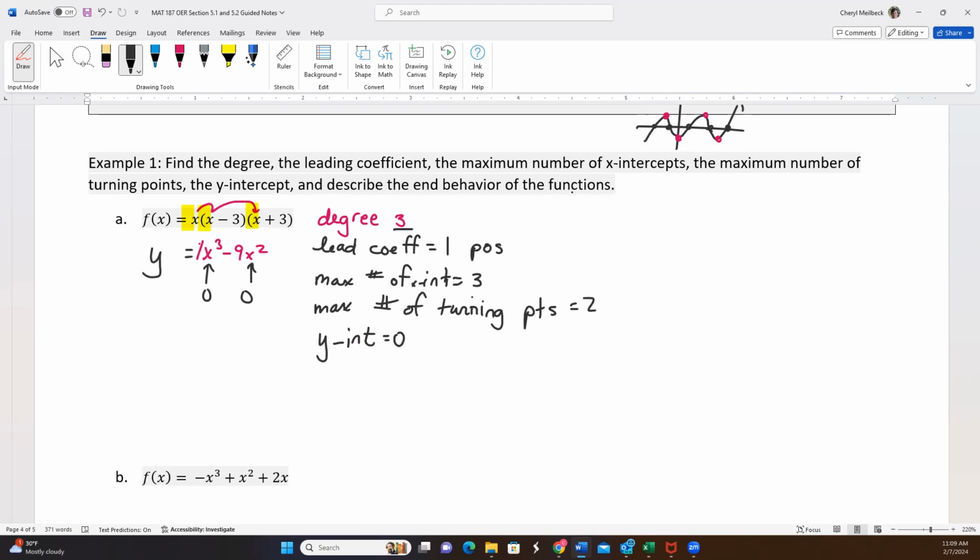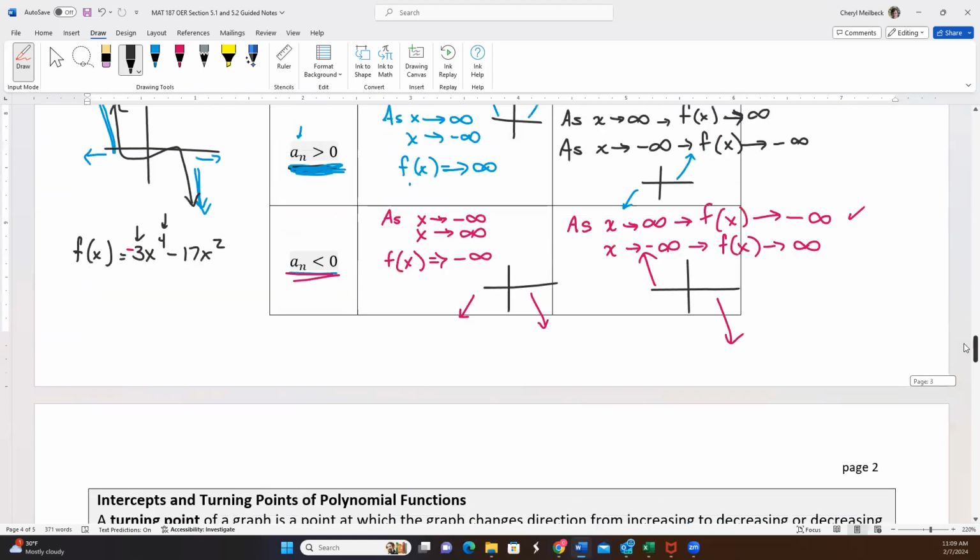And describe the end behavior of the function. All right, knowing that it's of degree 3, that's an odd degree. And we have a lead coefficient which is positive. So let's go back up here and look at what that means for our graph.